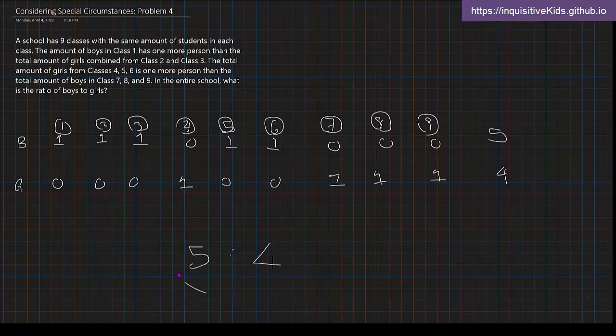So again, this part is really important if this is helping you with your logic. The key to this problem was to really think of how I can think of the classes. So there could be 20 students in each class.